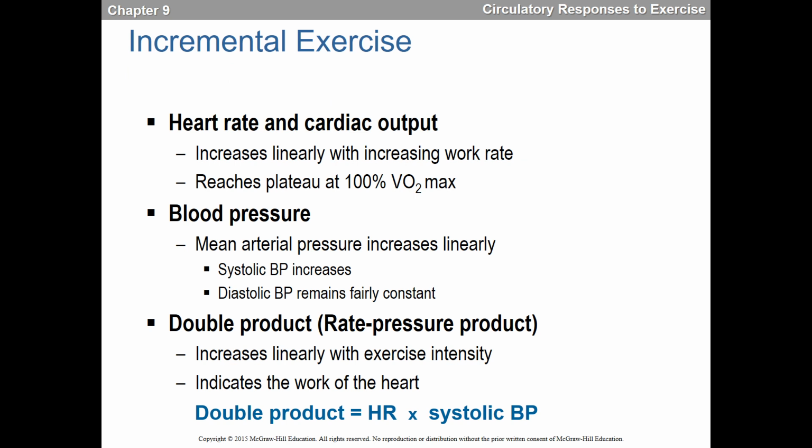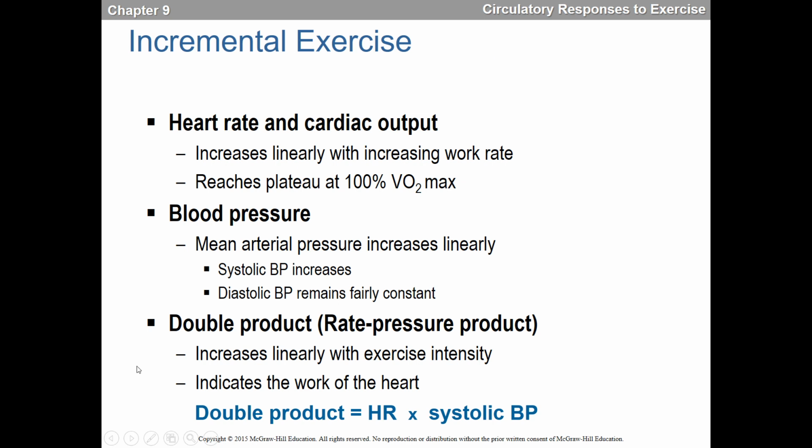We will hit a plateau at 100% of someone's heart rate max and cardiac output, and blood pressure much the same way. And we've talked about this already, that systolic blood pressure increases, diastolic blood pressure seems to be somewhat constant.